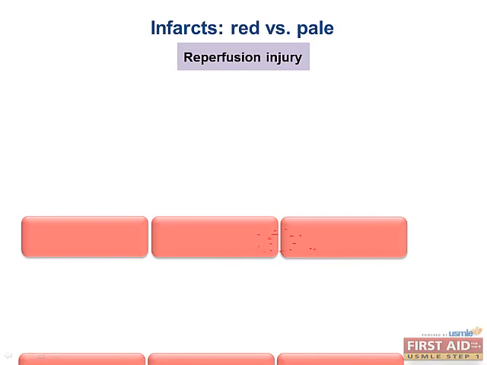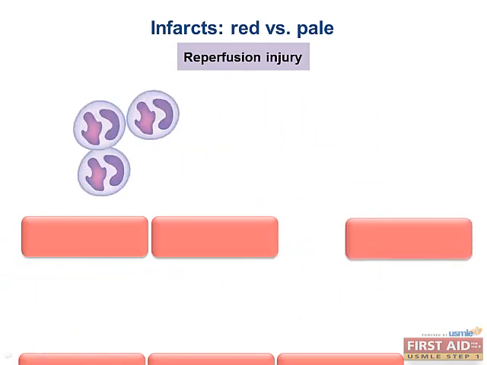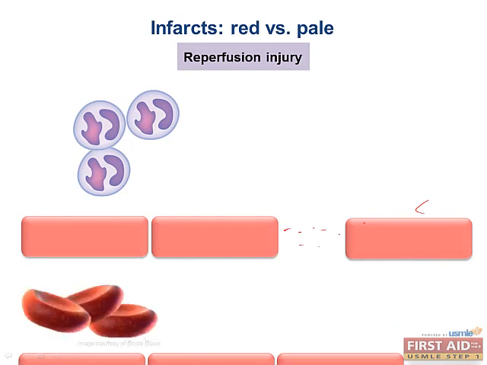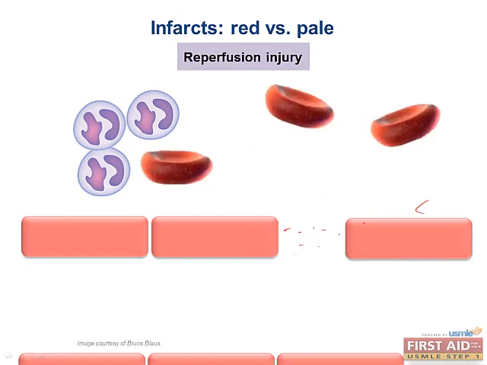So it'll be damaged, and actually neutrophils are called in and attracted to damaged tissue. So neutrophils will come in and do their thing. We'll talk about that in a little bit. But because this tissue is damaged and there's gaps in the endothelium, blood can actually flow in too. So this once pale tissue will actually become red.